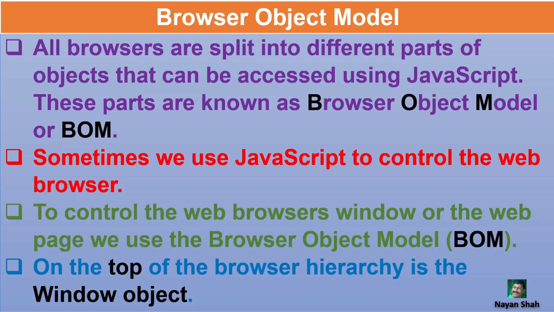What to do can be decided using the browser object model, because you need to understand that on a web page there are so many things, and when something happens, you want to make some modification to particular information. So how to reach that particular object on the web page? What is the hierarchy of reaching that particular object? That is what the browser object model is defining. It's something like specifying an address.